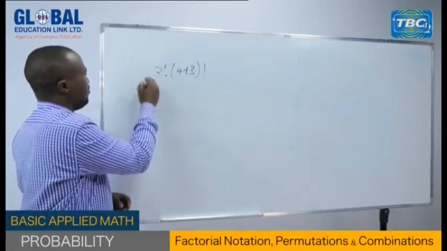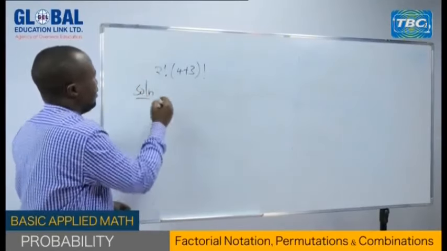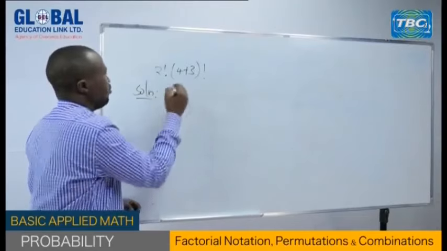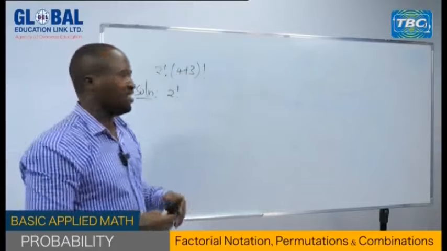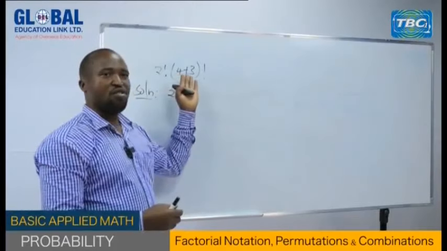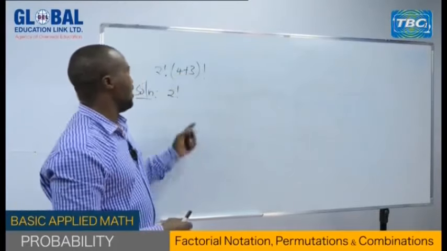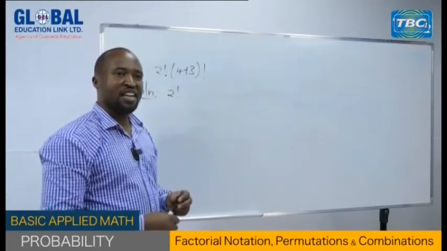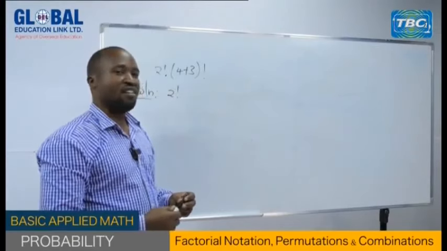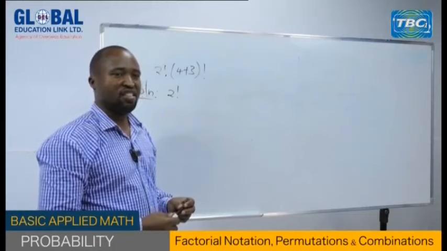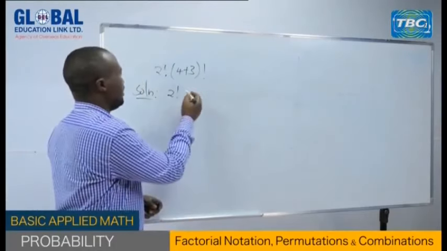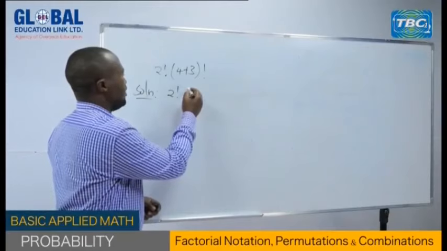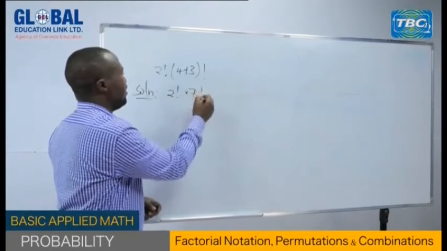Solution: we can start with the operation which is in the bracket, that is 4 plus 3. Remember, these numbers inside the bracket have no factorial notation, so just add them directly. 4 plus 3 gives 7 factorial.